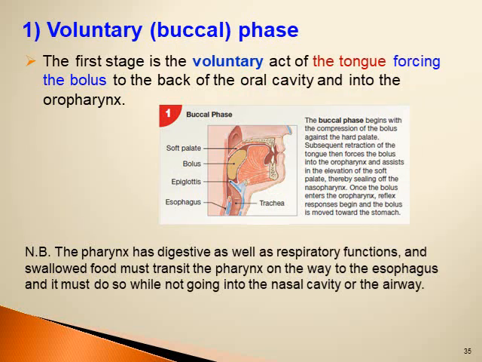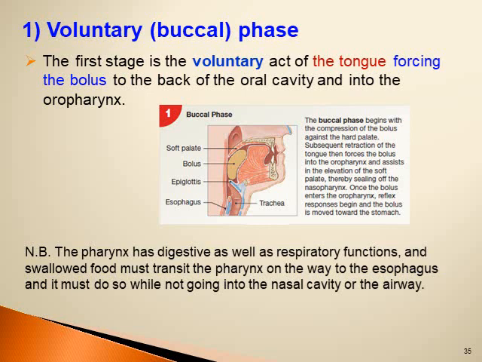So let's explain each phase one by one. The voluntary buccal phase, the first stage in swallowing, is the voluntary act of the tongue forcing the bolus to the back of the oral cavity and into the oropharynx. The pharynx has digestive as well as respiratory functions.